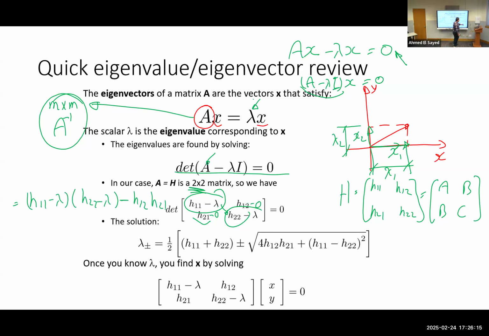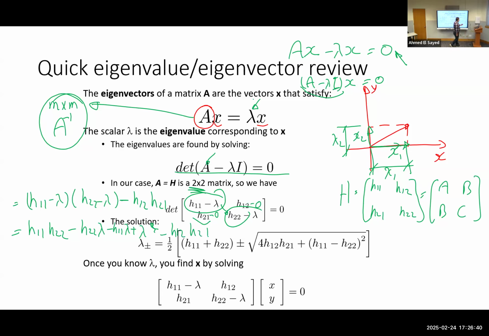Now, I can expand this and find the equation for that. So it will be H11 H22 minus H22 lambda minus H11 lambda plus lambda square minus H12 H21.